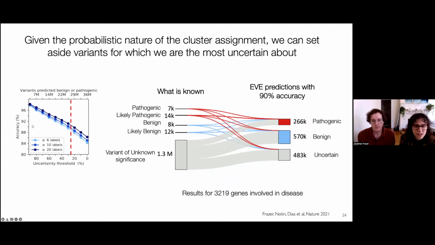Throughout this talk, we are going to show results using this threshold, the accuracy at 90% threshold. But in reality, this is not how we envision people using this uncertainty as a measure, as a tool for better predictions for the model.